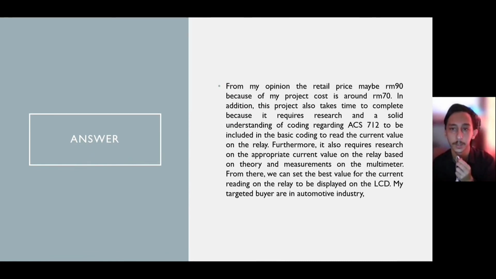In addition, this project also took time to complete because it required research and a solid understanding of coding regarding the ACS712, including the basic coding to read the current value on the relay. This is my first time using the ACS712, so I had to learn a bit more to understand how to use the ACS sensor in this project.